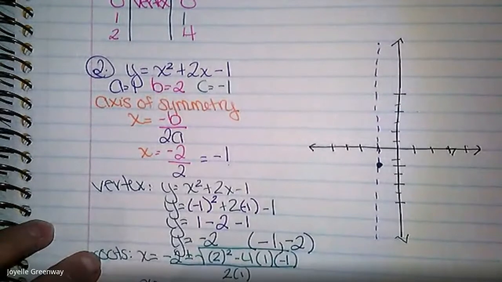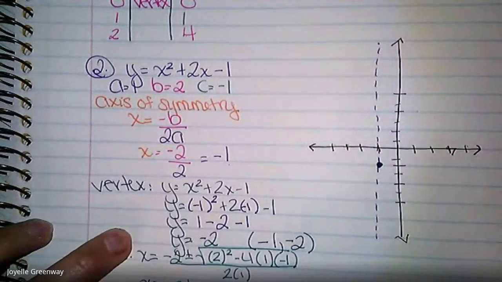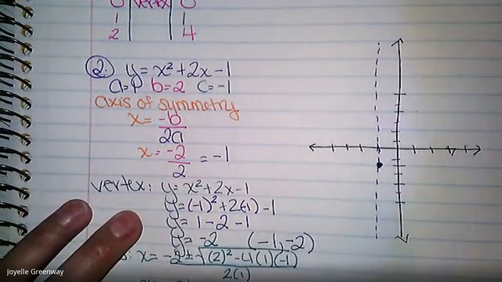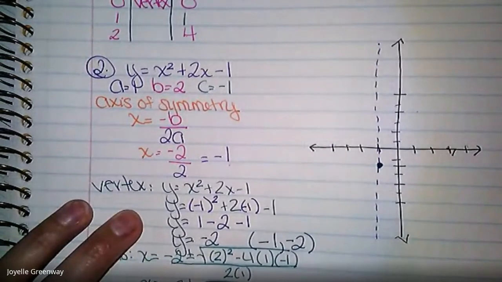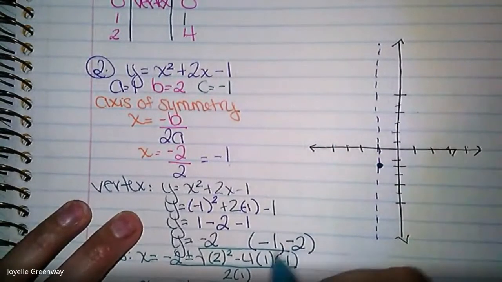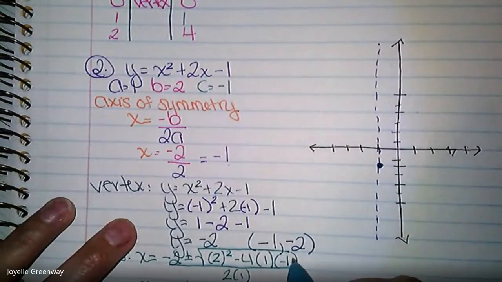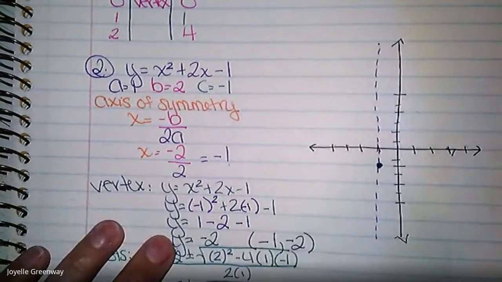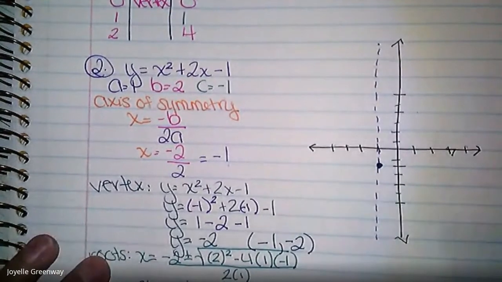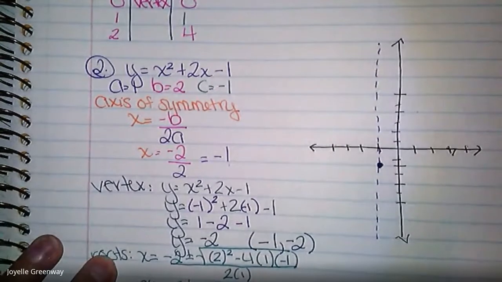So x is equal to negative 2 plus or minus the square root of 4 minus 4 times 1 is 4, 4 times negative 1 is negative 4. So this is going to be 4 plus 4 over 2.